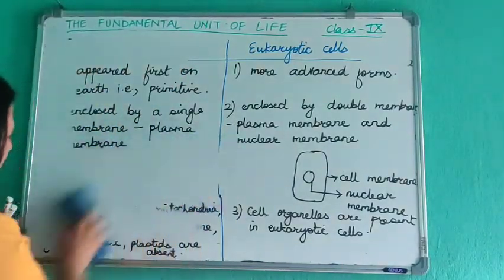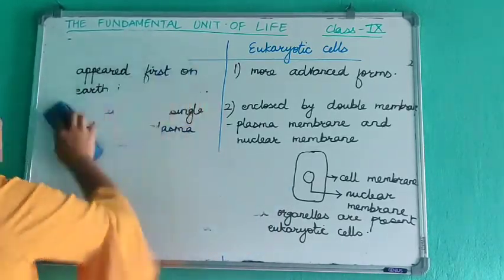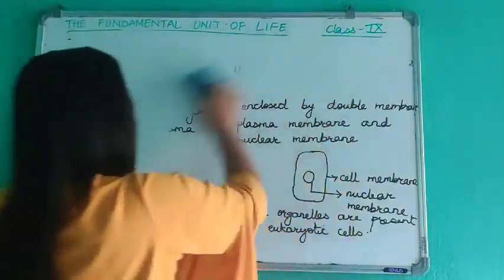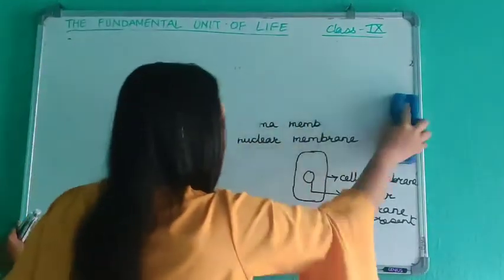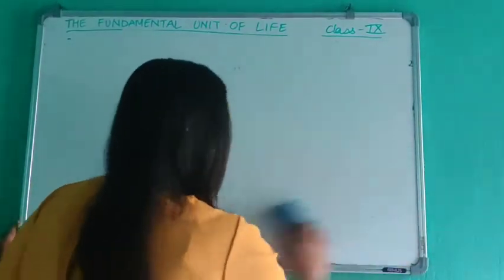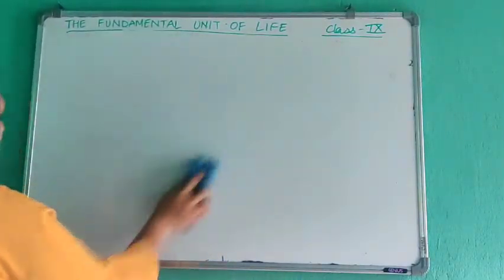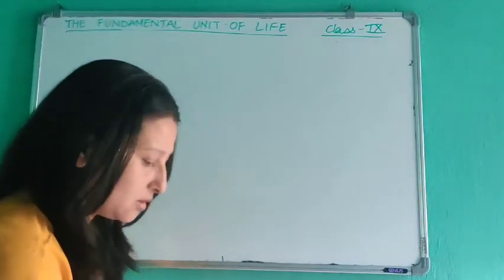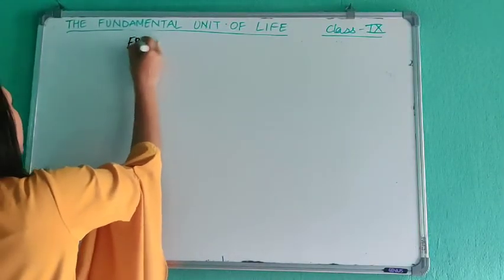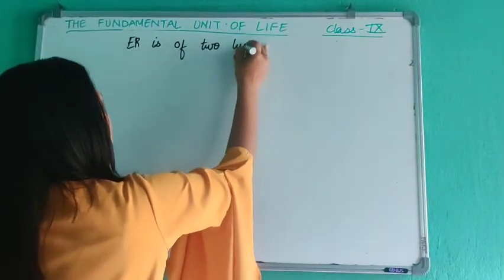So endoplasmic reticulum is of two types. दुई प्रकारको हुन्छ endoplasmic reticulum. The first one is known as rough endoplasmic reticulum and the second one is smooth endoplasmic reticulum. I'll write it in short form. Endoplasmic reticulum is of two types.